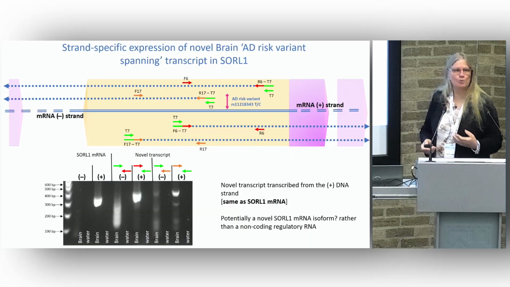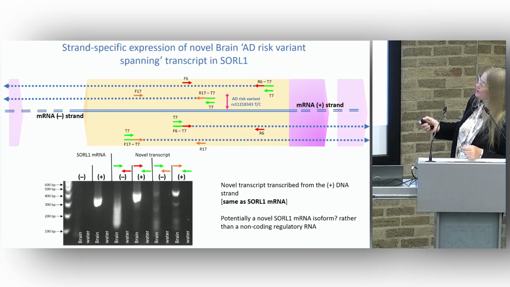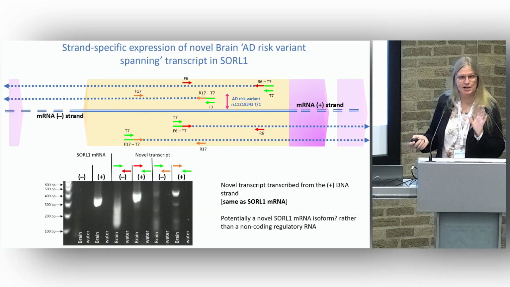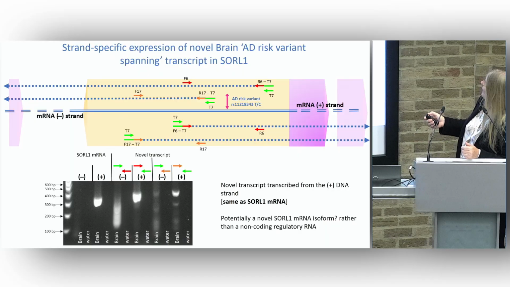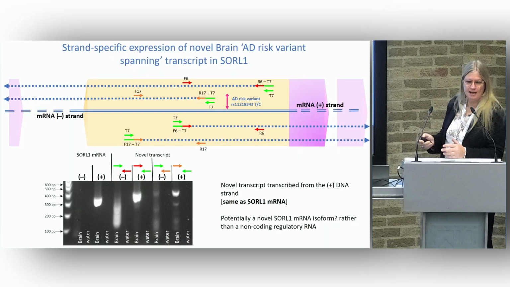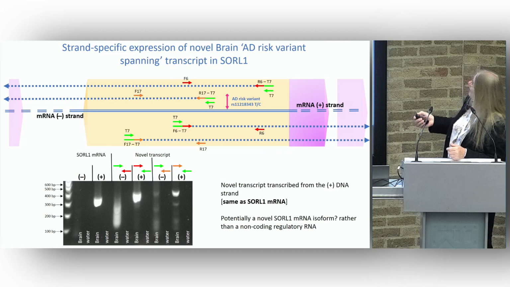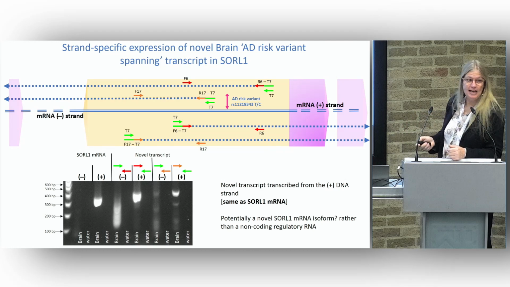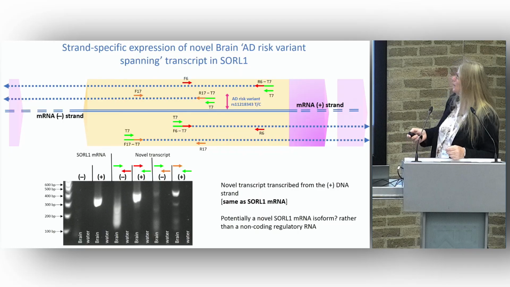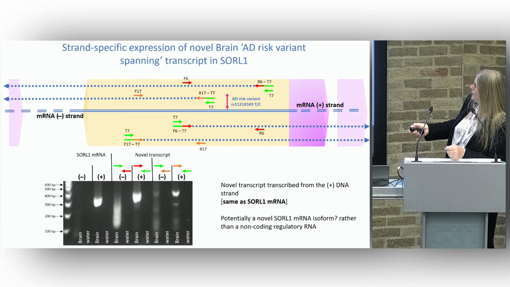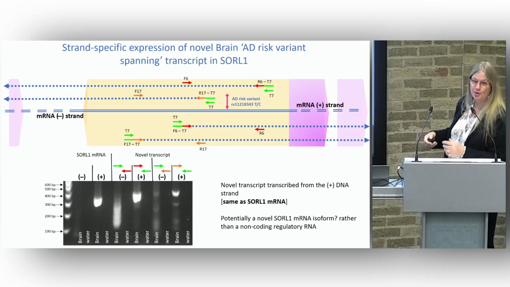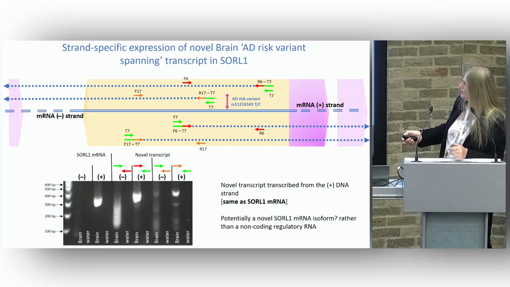We wanted to establish what strand it's expressed from, so whether it's expressed from the top DNA strand or the bottom DNA strand, the plus or the minus strand. SORL1 is expressed the same as the top strand, and so we designed primers with linkers for making the cDNA, and then did some nested PCR. And you can see the results here for SORL1 mRNA, which we know, as I said, is the same as the top strand, that you only get a product when you have primed the cDNA from the correct strand.